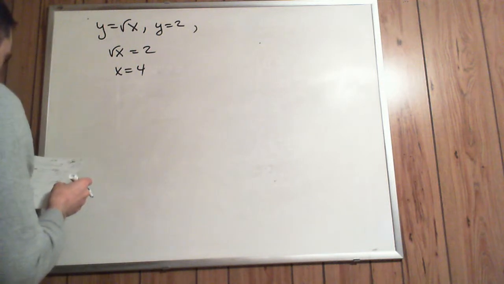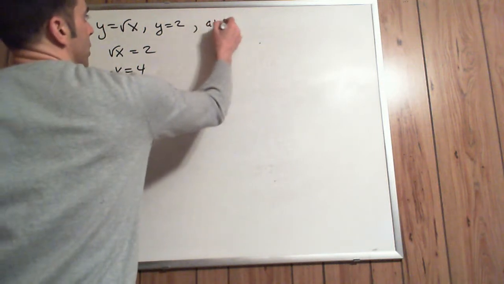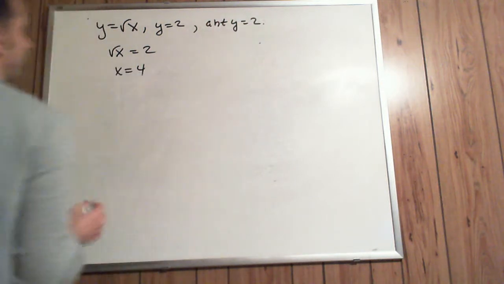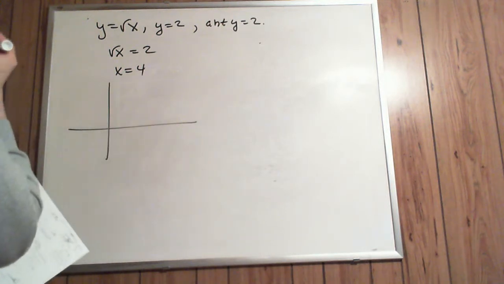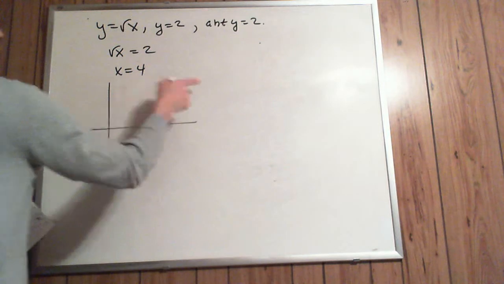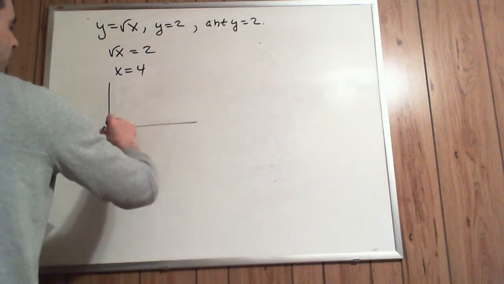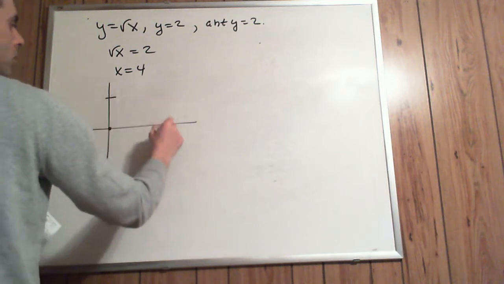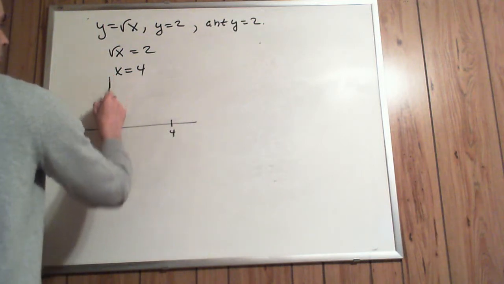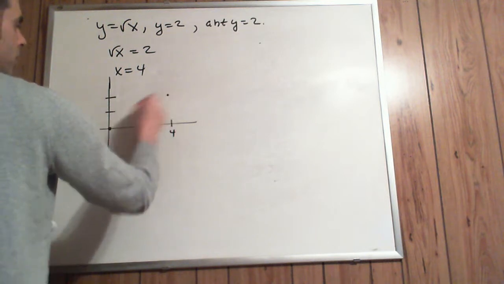And I'm going to revolve it about y equals 2. So y equals root x, as we know, is this shape right here. So when x is 0, y is 0. And when x is 4, y is 2. Let's make that 2 then.